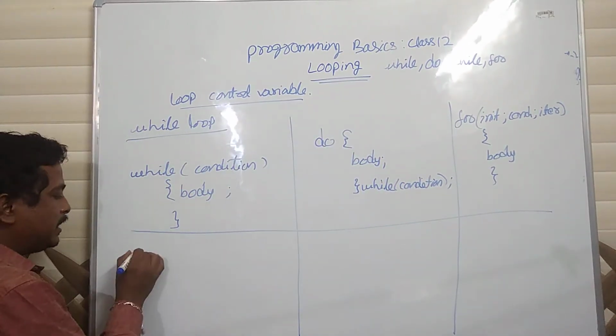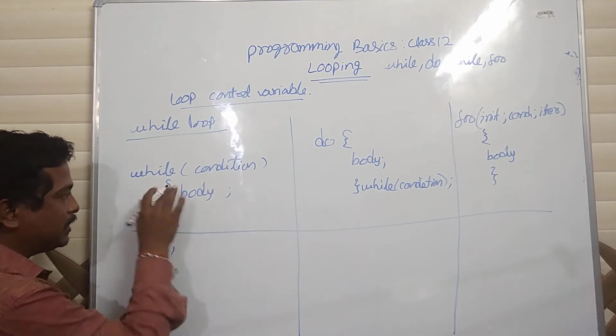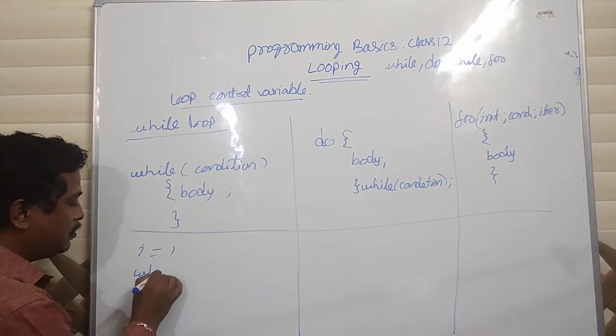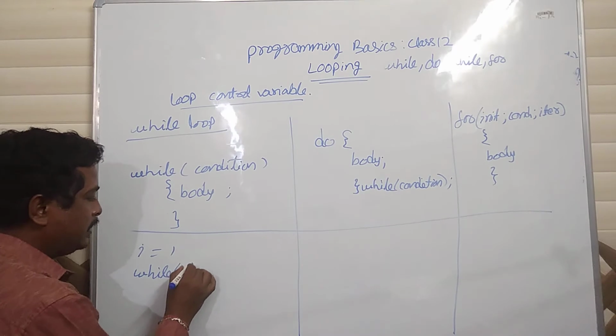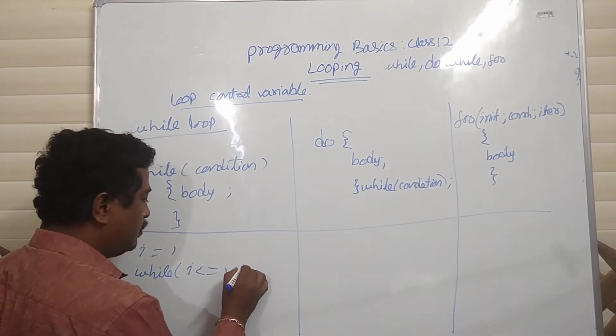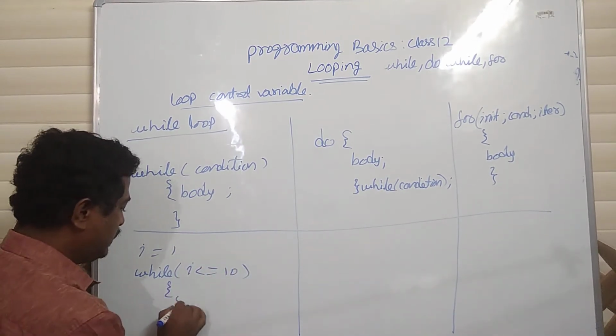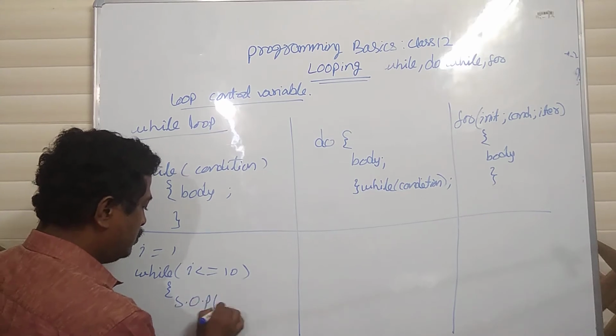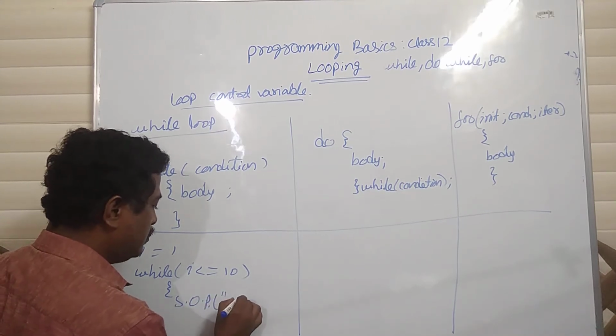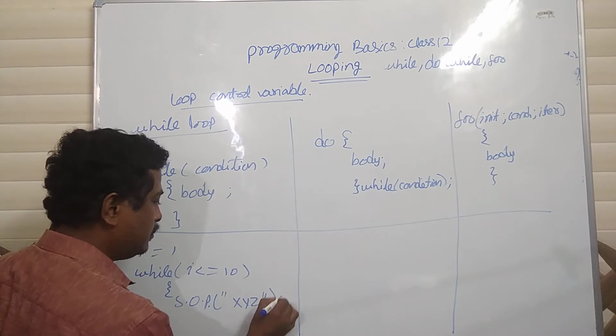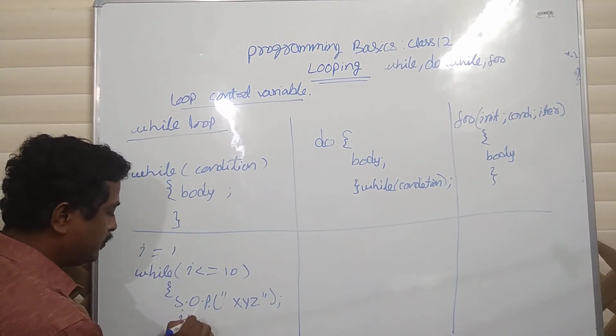So here I have taken I equal to, just I have written before this, I equal to 1 while I less than equal to 10 SOP XYZ I plus plus.